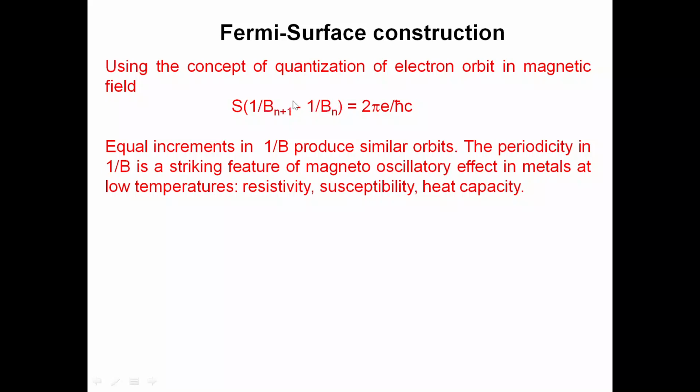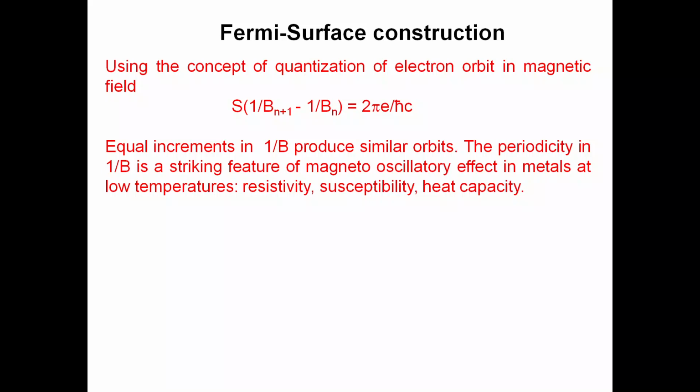This oscillatory B will give you the information about S, and that S is perpendicular to the direction of the magnetic field. So if you change the direction of the field, you can have the information of the Fermi surface area in another direction. By applying the field in different directions, you get the Fermi surface area in different orientations.